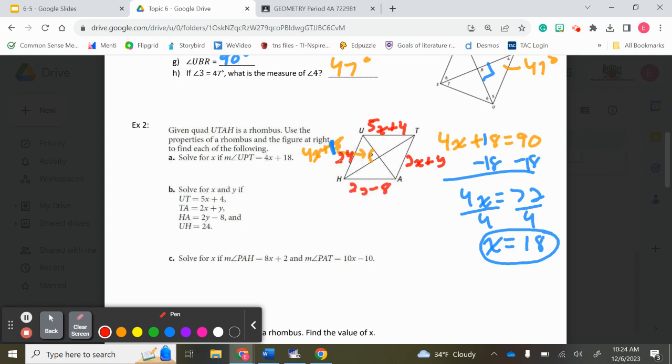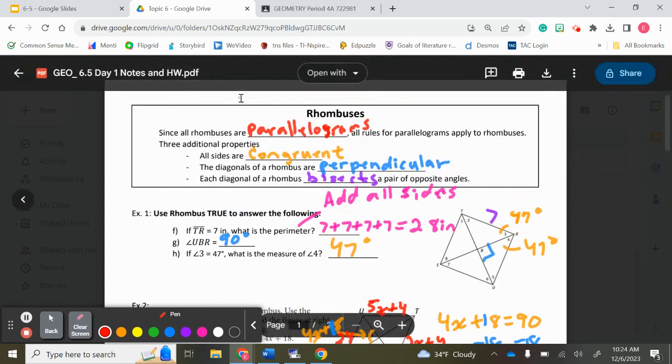One thing that's nice about this is they want you to solve for x and y, but we all know all the sides are going to be what? If we look back up here, it says all sides are congruent. So that means all sides are equal to what?